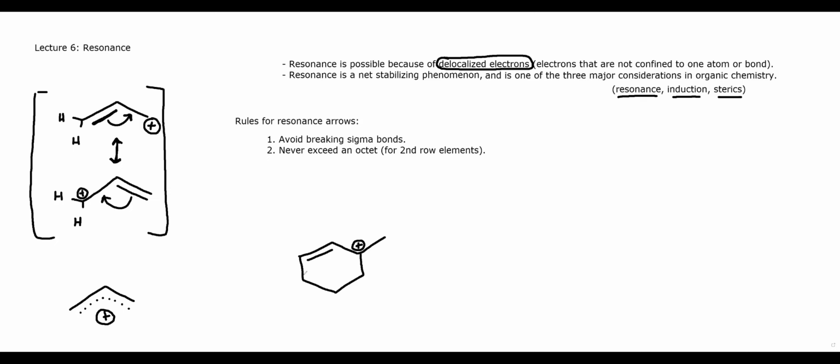When we're talking about resonance, it's p electrons, pi bonds, and then either a carbocation or a carbanion, a positive or negative charge on carbon. So this is very similar to the first example we saw here, right? It's a double bond next to a positive charge.